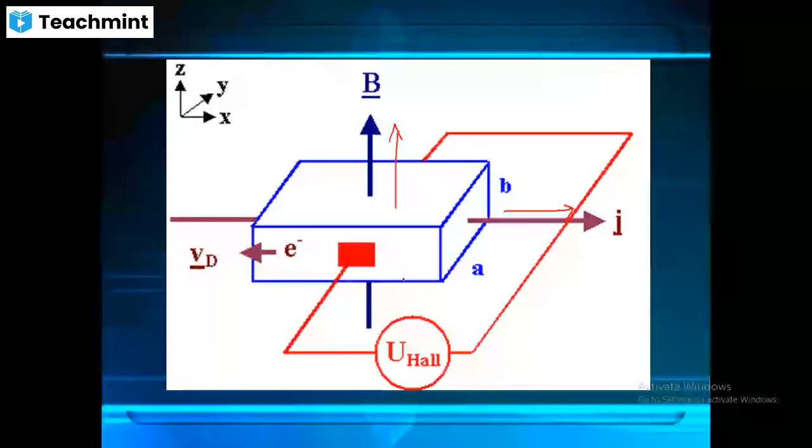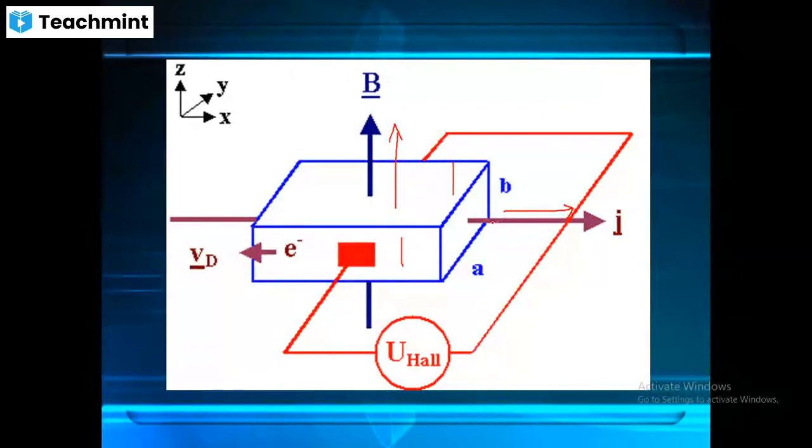The Hall voltage will be developed on this side and this side, perpendicular to both the direction of the current as well as the direction of the magnetic field. This development of a voltage in a direction perpendicular to both the current and the magnetic field, whenever a current is flowing in the conductor, is what is known as the Hall effect.